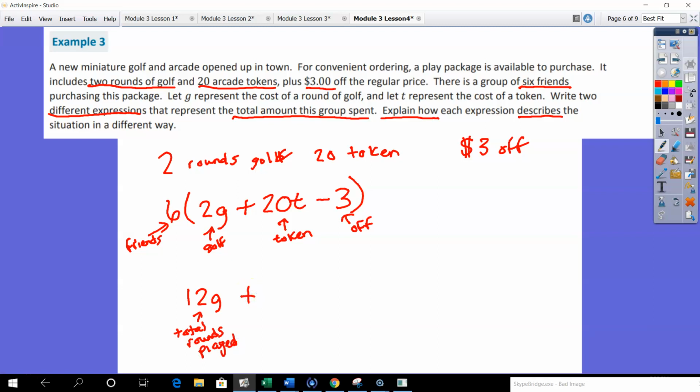Plus, in total, they're going to have 120. Between all 6 of them, they're going to have 120 tokens. So that's the total of the group. And then they're having a total of $18 off.